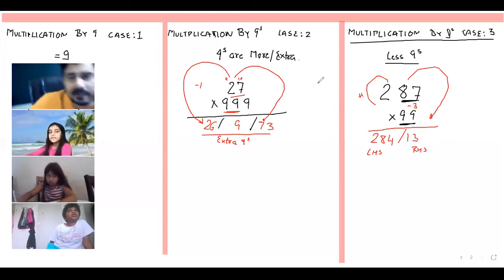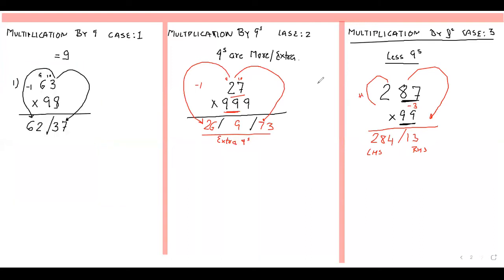In multiplication by nines also, we had a special case. If you remember, the special case was that the numbers end in 0. Like 750 into 999.